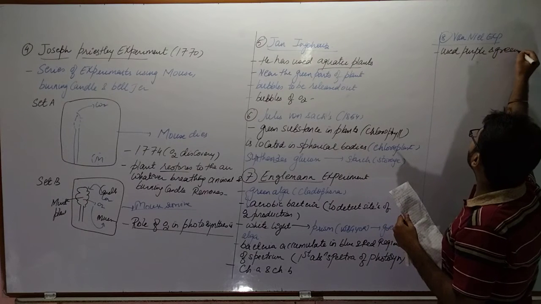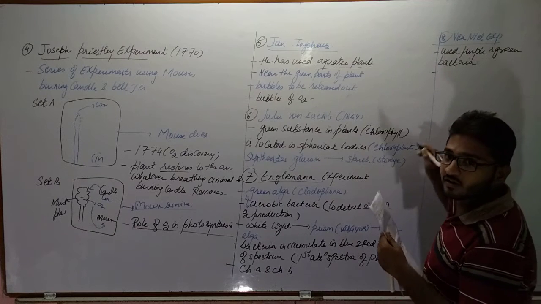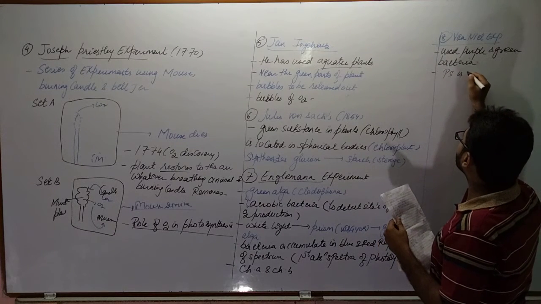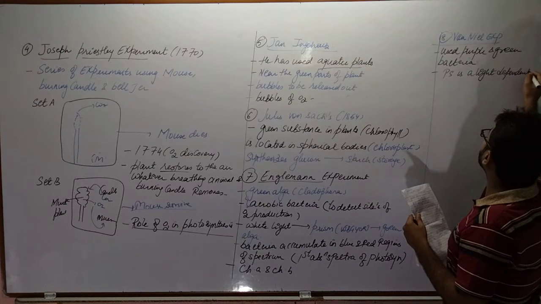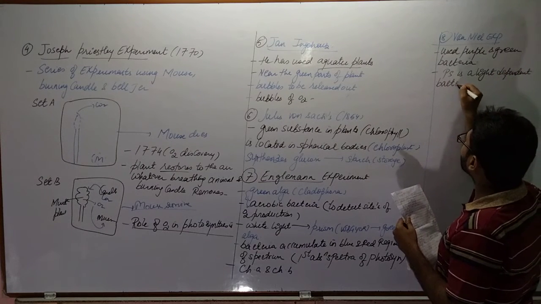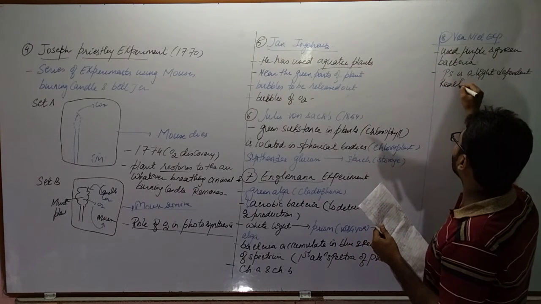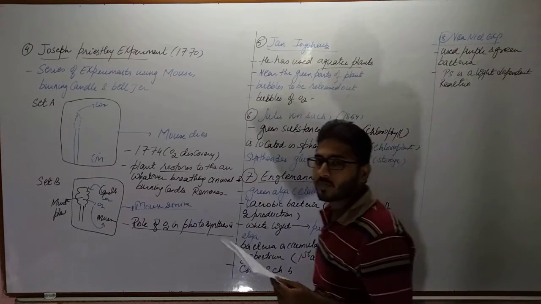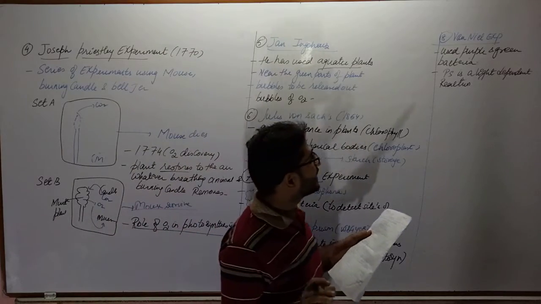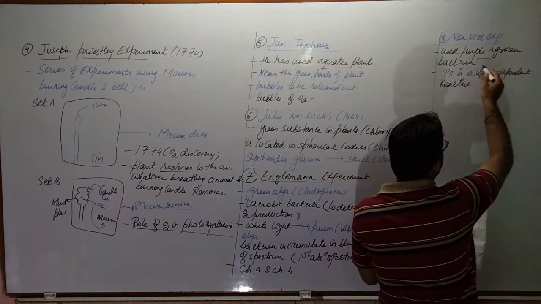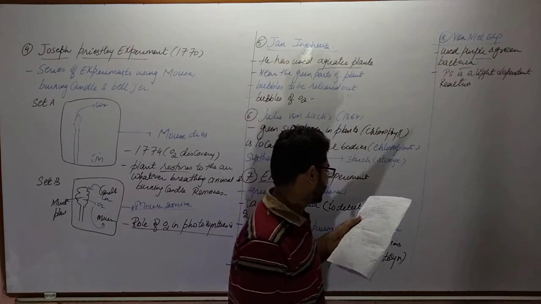He concluded that photosynthesis is a light dependent reaction, not bacteria dependent. Right? So this was the experiment performed by Van Niel, and based on it, using purple and green bacteria, he concluded that photosynthesis is a light governed or driven process.